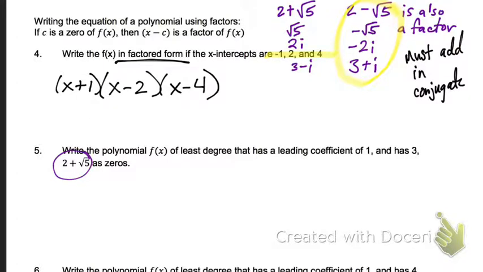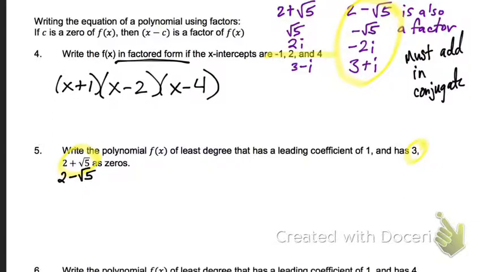Okay, number 5. Nope, that's not an eraser. Okay, number 5, it says a leading coefficient of 1, which just means that you don't have to add in an a value in the front. And it has 3 and 2 plus root 5 as zeros. That means I need to add in another zero, which would be 2 minus root 5.